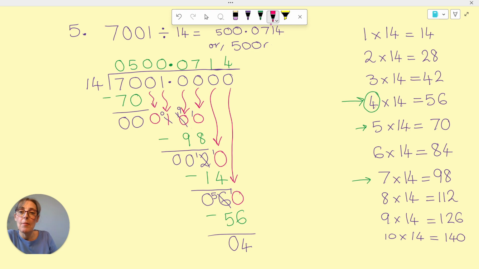Because we've got our 500. Where's our remainder? Let's have a look. So we did take away 70, we've got 0, 0, 0. It looks like it's this 1 divided by 14. Or it could be 500 and 1/14. Let me just check. Good stuff.